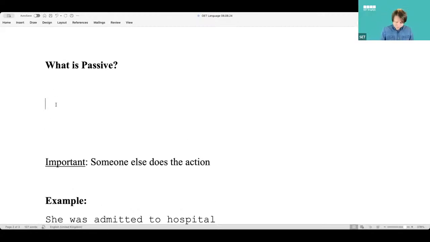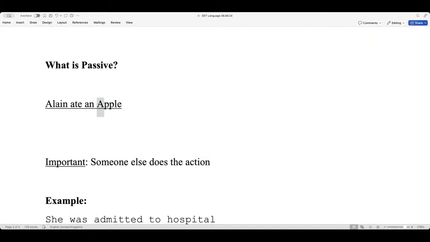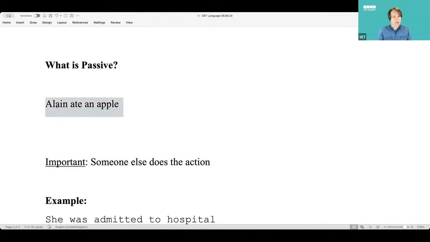So look at this. If I say Alan eats an apple, or Alan ate an apple, is that passive? No, active, I guess. Active. No, it's an active verb. This is called the active voice, right? Okay, so this is the active.